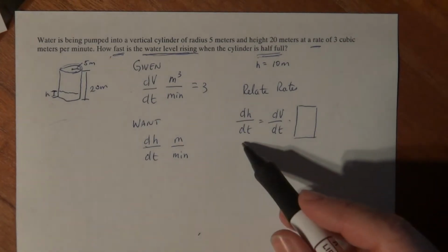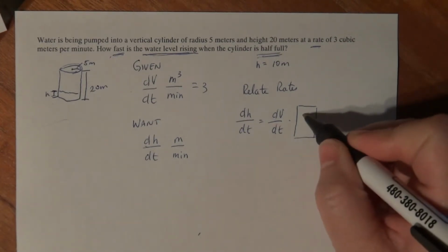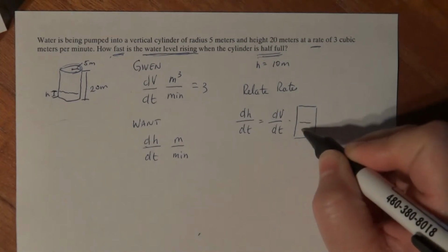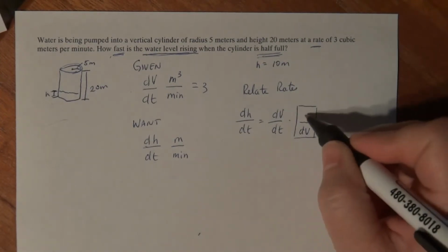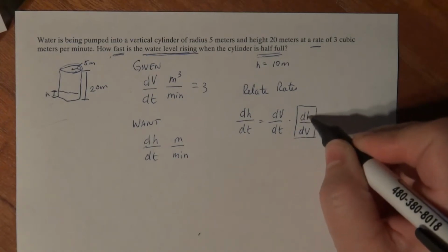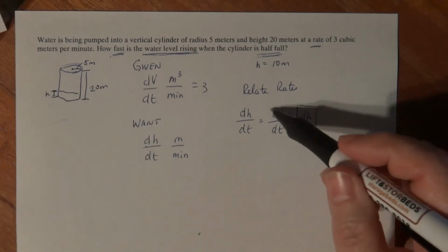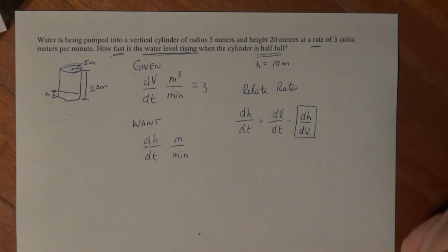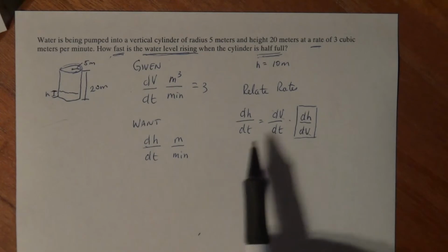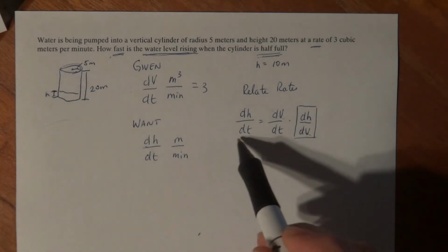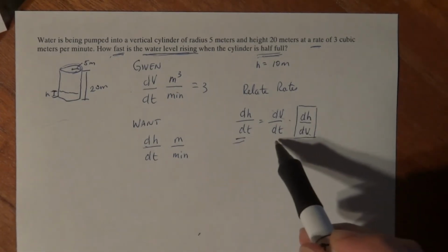I want dh/dt to end up here, so if I put dV in the denominator, the dV's will cancel, so to speak, and if I put dh in the numerator, I'm left with dh/dt. That's not technically what's happening, since this is an example of the chain rule, but it's a good way to relate rates together so that we get what we want based on what we have.